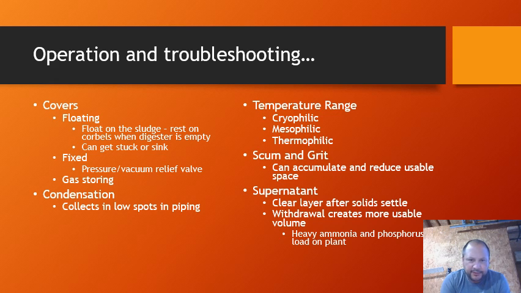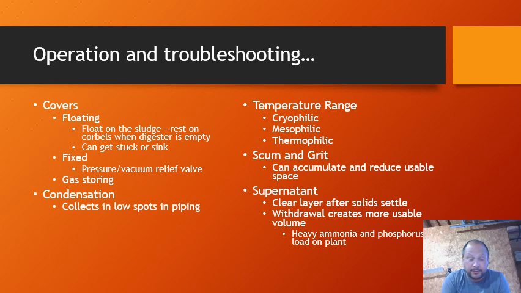Fixed cover digesters, just like it states, fixed covers are kind of permanent. They do not move up and down. One of the risks of having a fixed cover digester is they can be susceptible to pressure or vacuum.